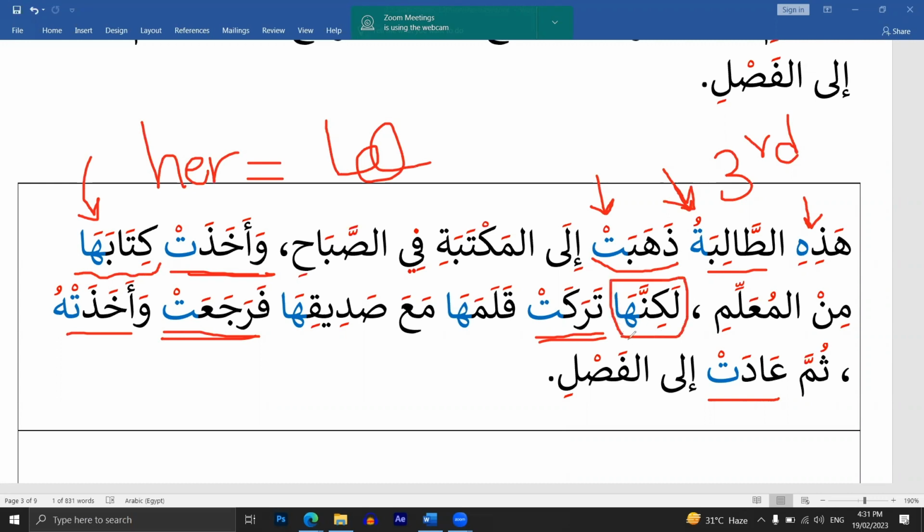This one, I have a question here. In لكنها, this her, what is the type of this pronoun? Is it a subjective pronoun, objective pronoun, مجرور, or genitive? It's مجرور. This is jar. But why?